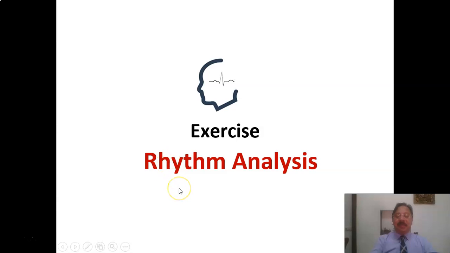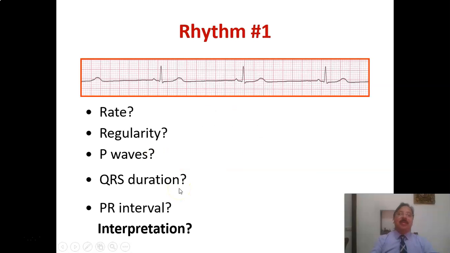Are you ready? Let's begin with rhythm number 1. Just go through all the steps and you have to answer me. You have learned all these steps, just apply them and then you will get the answers.